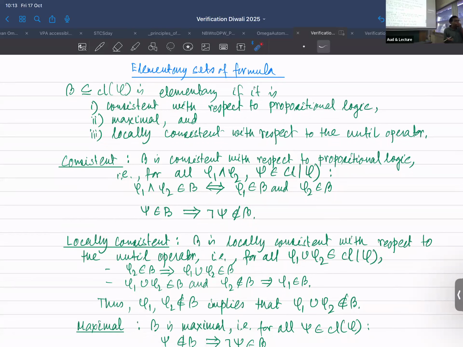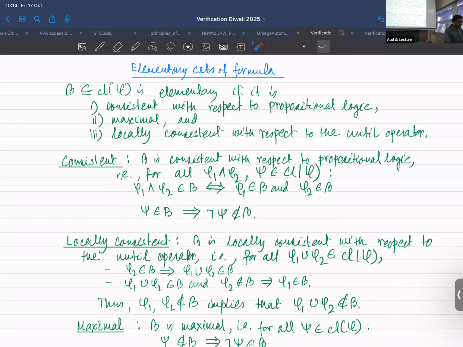Essentially, if you have phi 1 until phi 2, then either you have to have phi 2 true, or you have to have phi 1 true here, and then there should be a transition to another state where you again see that phi 1 until phi 2 has to hold true. So that is the idea of locally consistent.